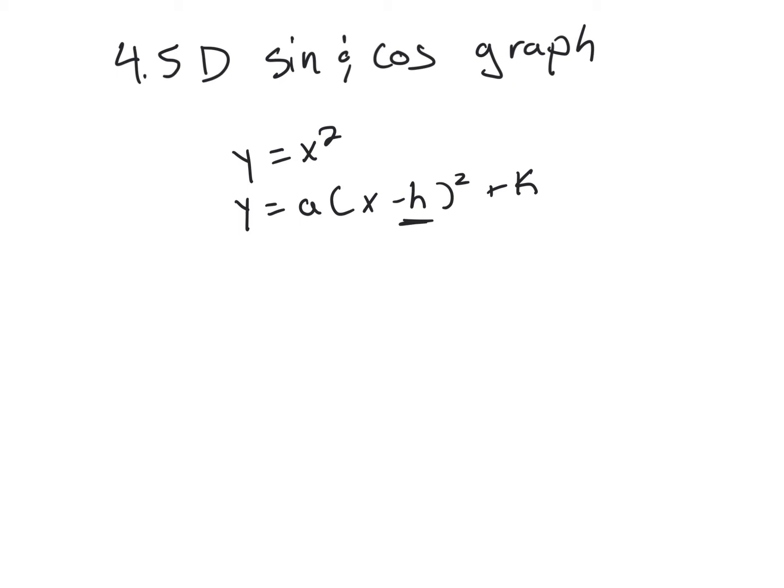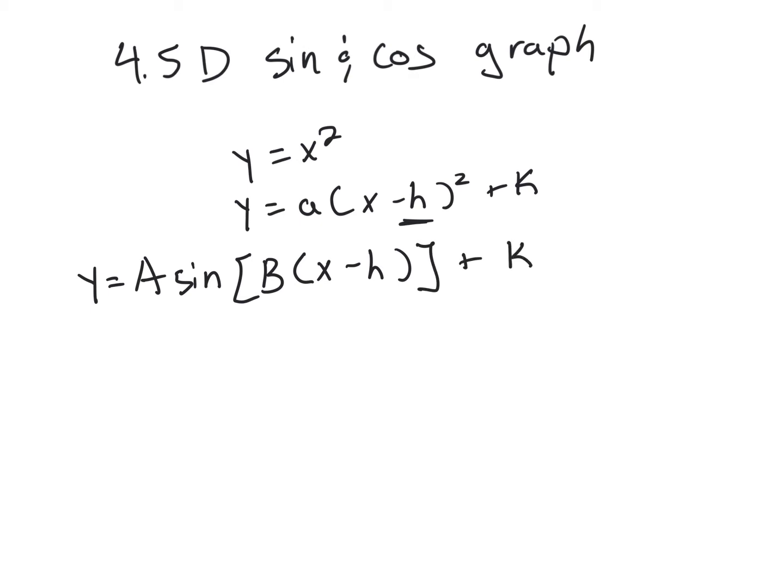So similarly, our sine equation is y equals a sine of b(x minus h) plus k, where in other places, h and k are d and c, but it's kind of the same thing.